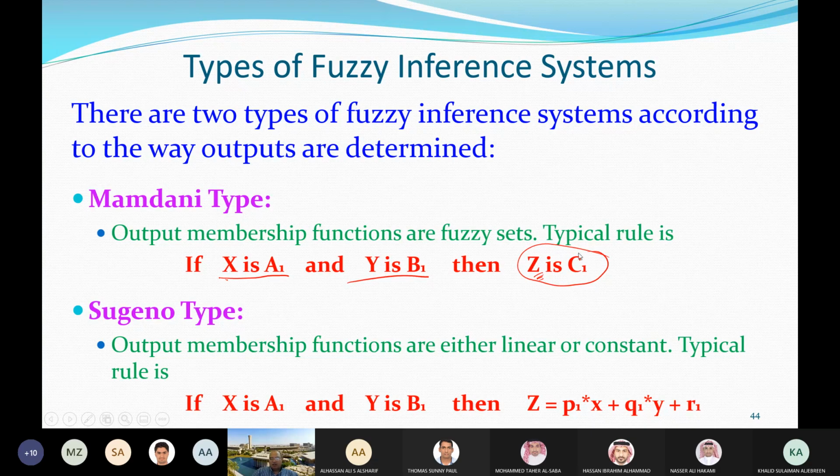It is not a fuzzy or linguistic value here, but numerical value, Z equal to P1, which is a constant, multiplied by X, and Q1, which is a constant also, multiplied by Y, and you have a constant here also, R1. Or you can have it Z equal to R1, and that's all. And you can have it either linear or constant value. And you can have these coefficients equal to 0. So this could be done. So this is the Sugeno type.